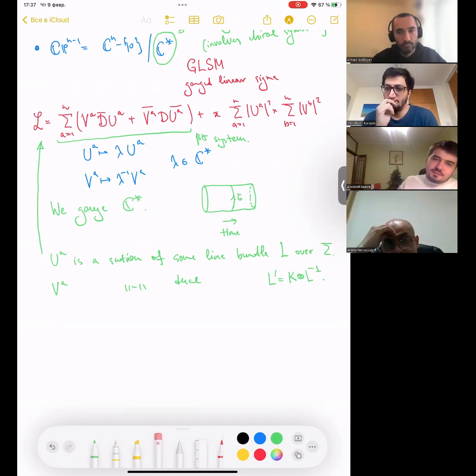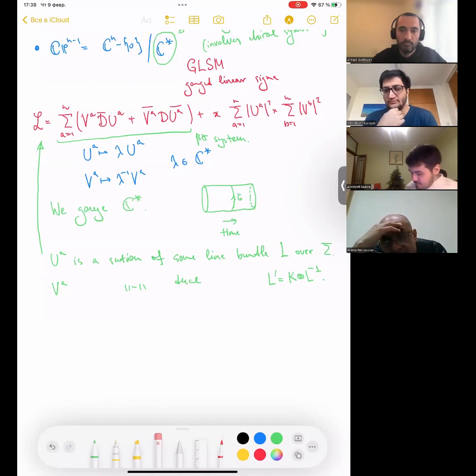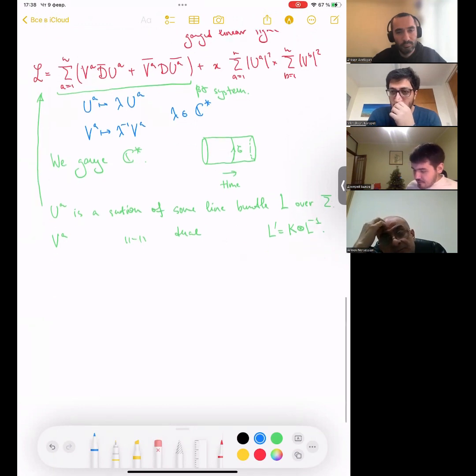Well, yeah. Morally, it's the cotangent bundle to CPN, but formally speaking, this is T star of C N, with symplectic reduction by C star.